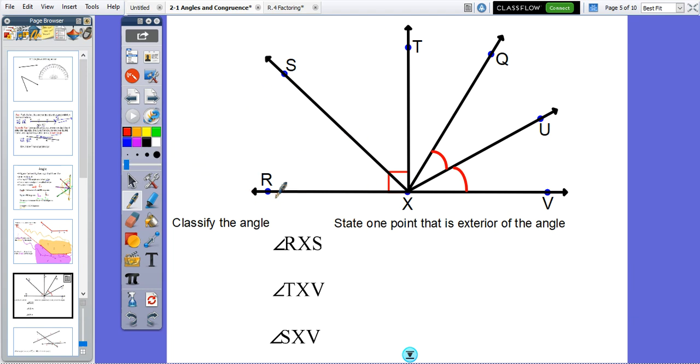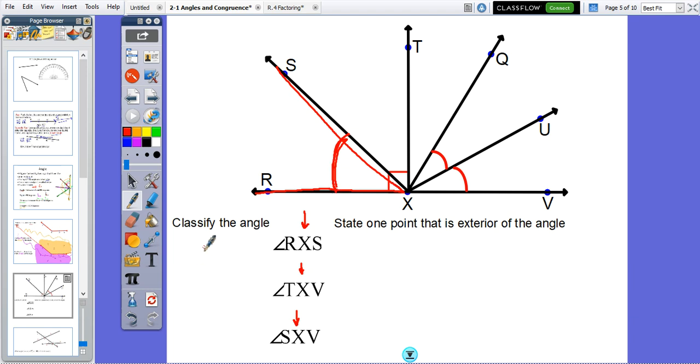So when we're looking at R, X, S, if you look at all these, they have the X in the middle, because when you're labeling these angles, the middle letter has to be where the vertex is. So for our example here, we're going from R all the way to X, all the way to S up here. So we're looking at this gap right there.